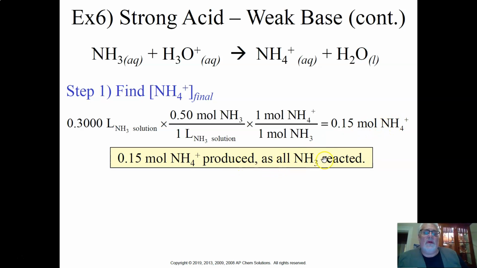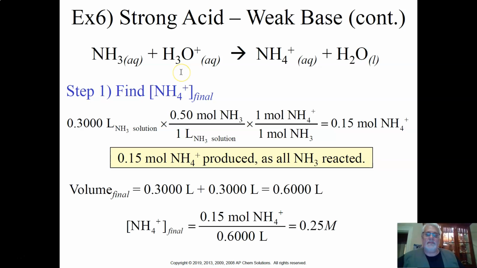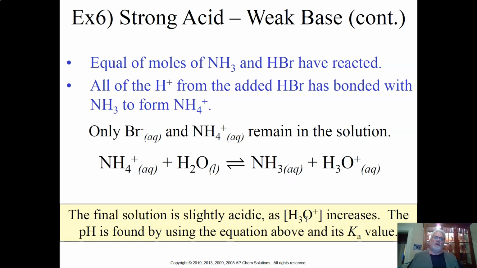Remember, all the NH3 is reacted because it was force-fed by the hydrogen. Okay, so now the total volume. Remember, you got two 300 mL shots there. You got to add them together, and that's the moles of NH4 over the total volume. Gives you your concentration of NH4.